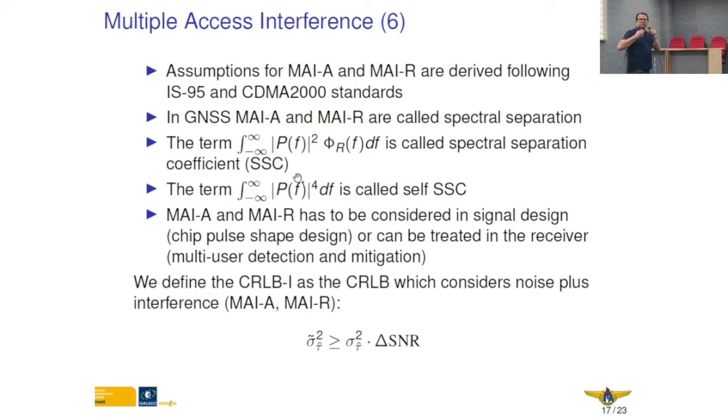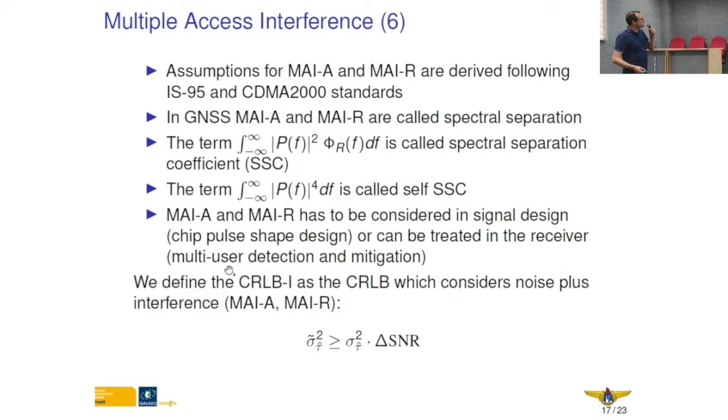These are the terms that you can find in the GNSS literature. And then multiple access and multiple system interference has to be considered in signal design, especially by the chip shape, or can be treated in the receiver.